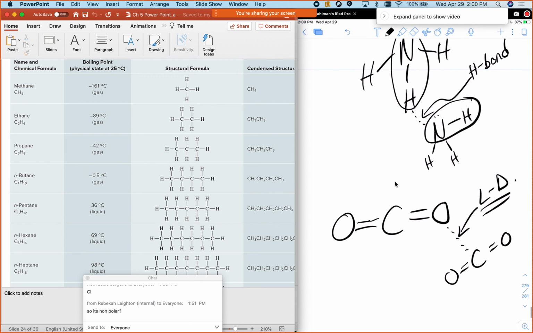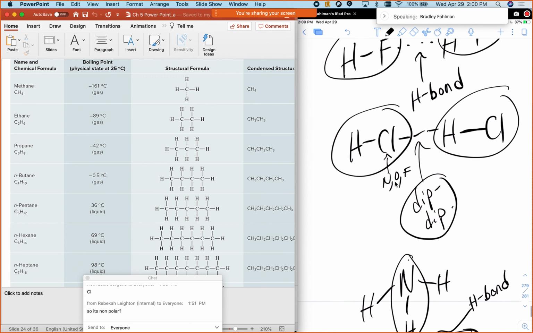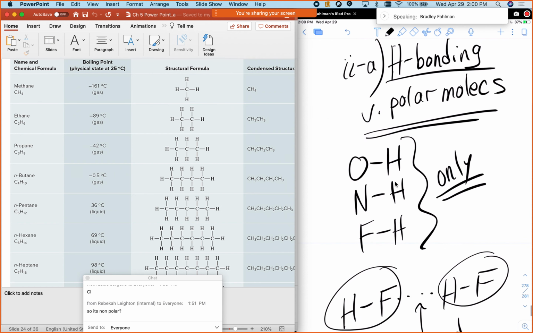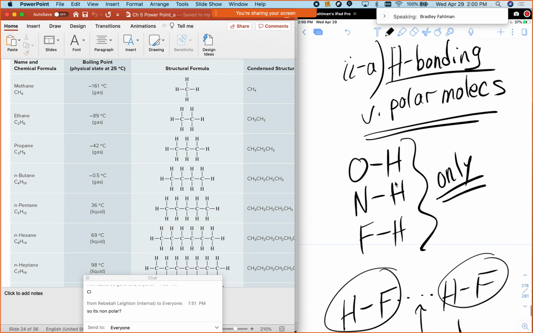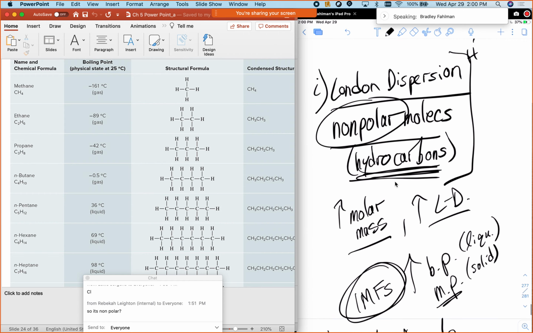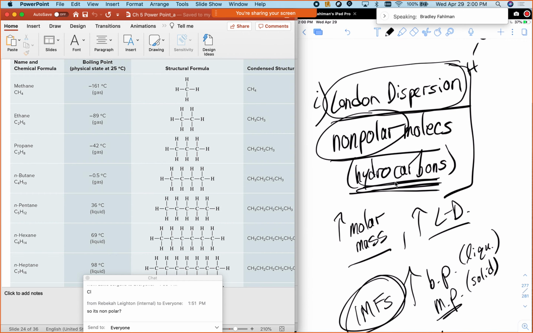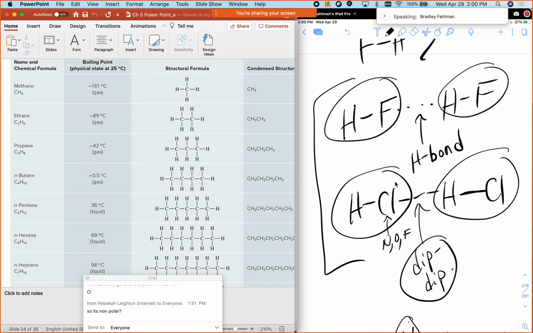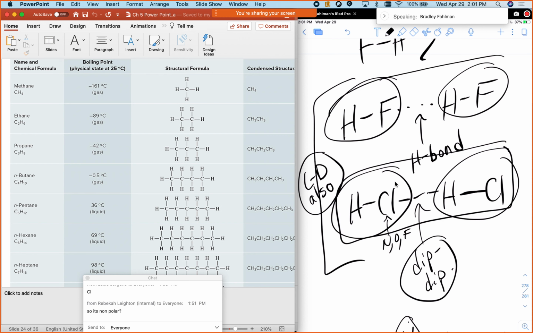Something to be aware of for your future teaching, if you ever get to this level of teaching in your schools, most of you probably will never, but you never know, is that everything actually has London dispersion forces. Even the ones that have dipole-dipole have London dispersion as well. But those are so much stronger that we don't really talk about London dispersion.